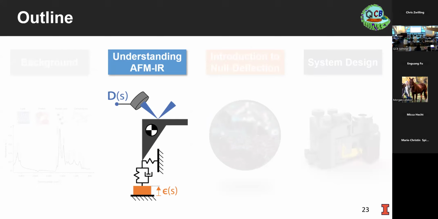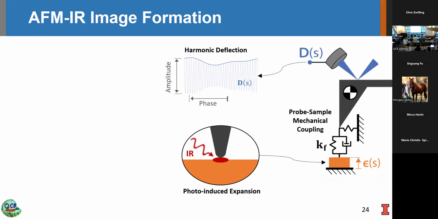So to understand the importance of this effect, next I'll just review the AFM-IR image formation to better understand what the challenges are. So AFM-IR uses a pulsed infrared laser to induce a small high frequency periodic deflection in the cantilever driven by the resulting thermal expansion of the sample shown here.